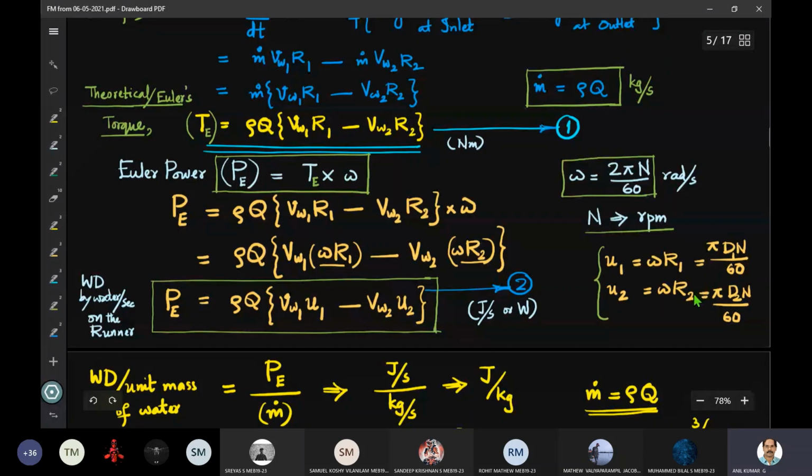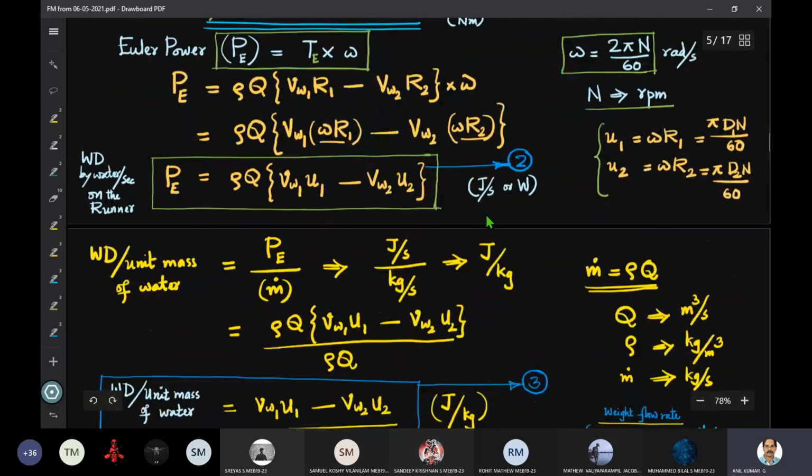So omega R1 and omega R2 can be replaced by U1 and U2. You can call them the tangential velocity of the wheel at inlet and the tangential velocity of the wheel at outlet. VW1 and VW2, as I told you already, are the velocity components of the fluid in the direction of U1 and U2, respectively, at inlet and outlet.